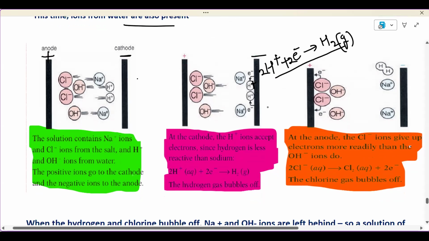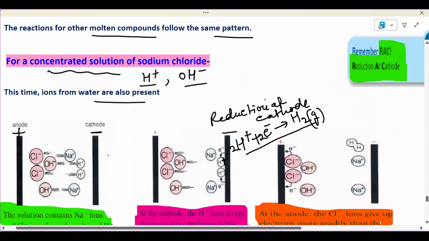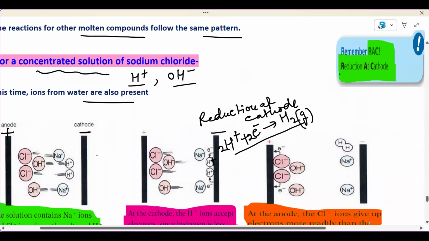So here it is reduction at the cathode. Always remember RAC: reduction at the cathode.